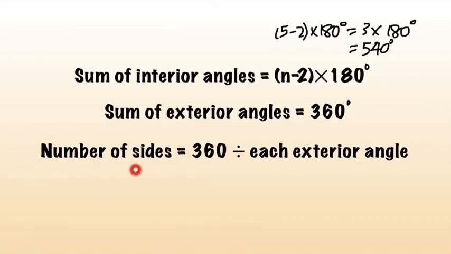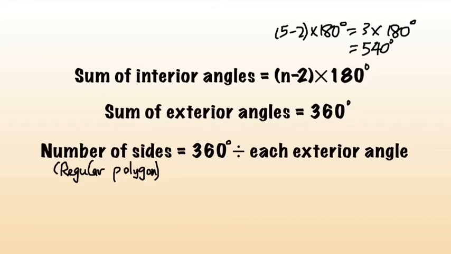For this one, it is the number of sides of a regular polygon. So you have to know that this one is for the regular polygon. So it is 360 degrees divided by each exterior angle.